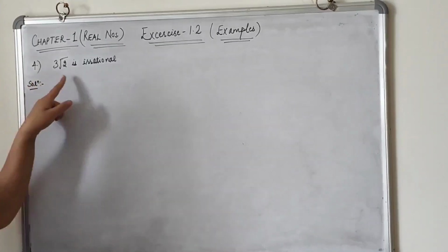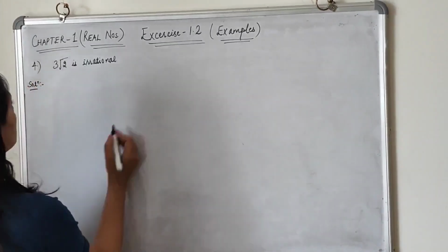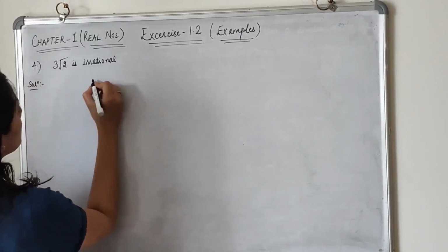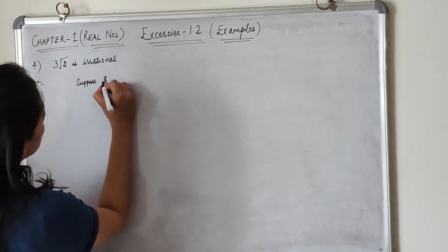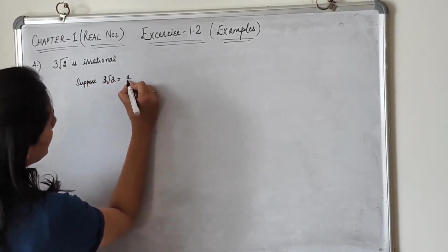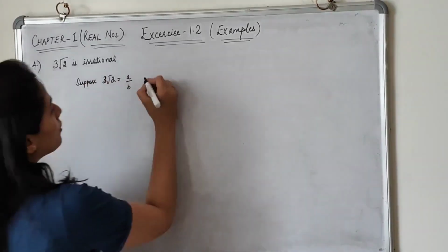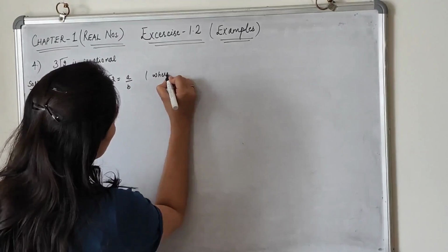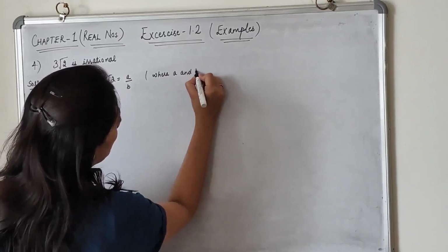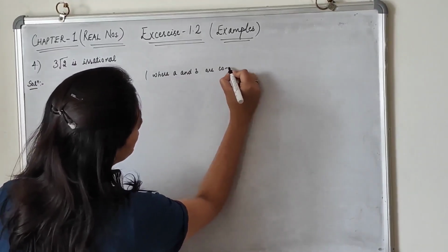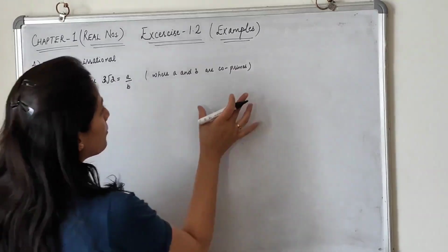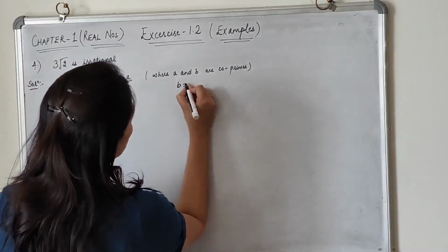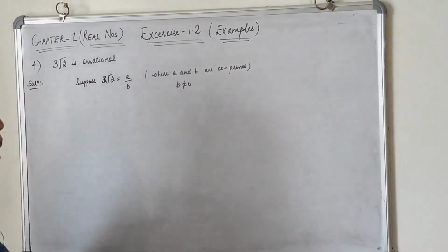Question number 4. Prove that 3 root 2 is irrational. Assume 3 root 2 is a rational number a by b, where a and b are co-primes and b is not equal to 0.